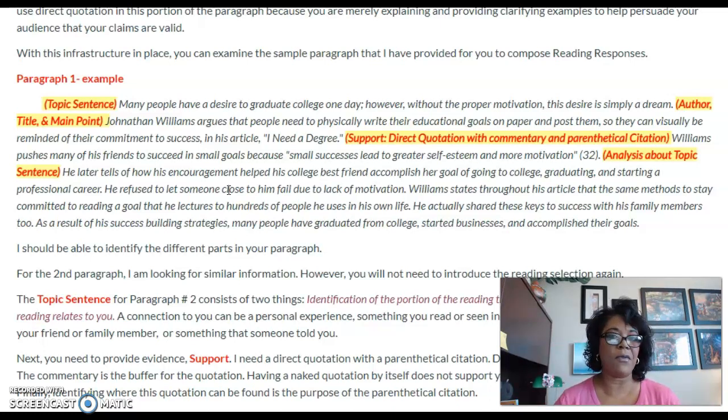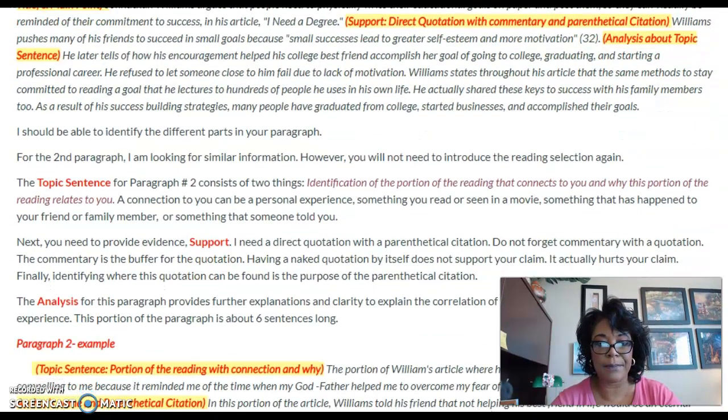It could remind you of a book. It could remind you of something you've seen on television, something you've seen in a movie, something someone told you. Okay, so I'm looking for some kind of personal connection to the reading.